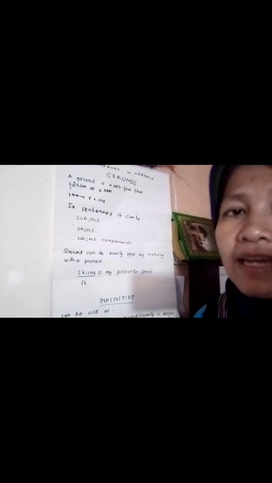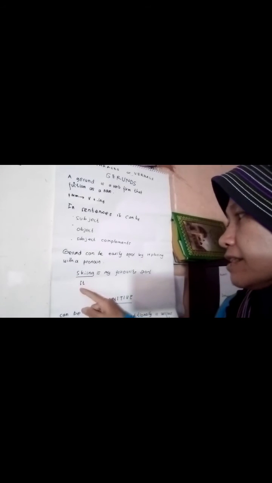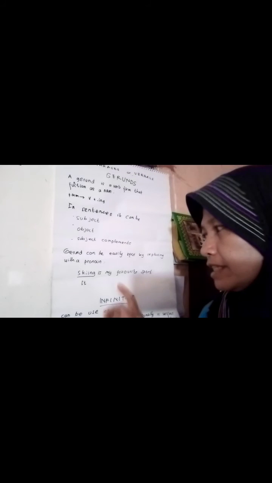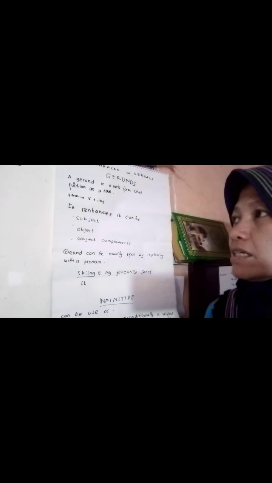We will explain later why gerund is different. In a sentence, it can be subject, object, or subject complement. A gerund can be easily spotted in a sentence by replacing it with a pronoun like it. The example is: skiing is my favorite sport. Skiing, I will replace with it. It is my favorite sport. It does fit the flow, so it is a gerund.